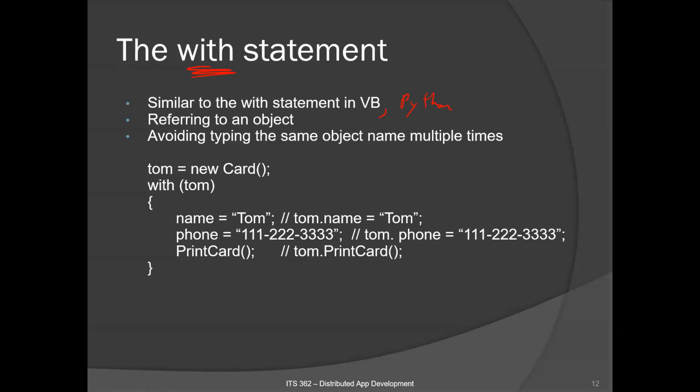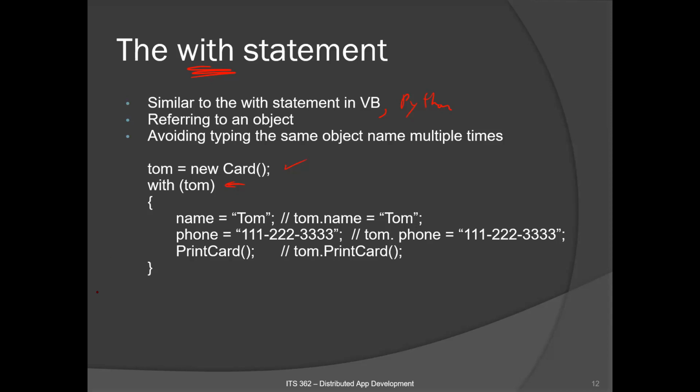So you don't want to type Tom dot name, Tom dot phone, Tom dot print card. Instead, you can just say Tom equal new card, some kind of an object, and then with Tom, and then after that, you specify things.